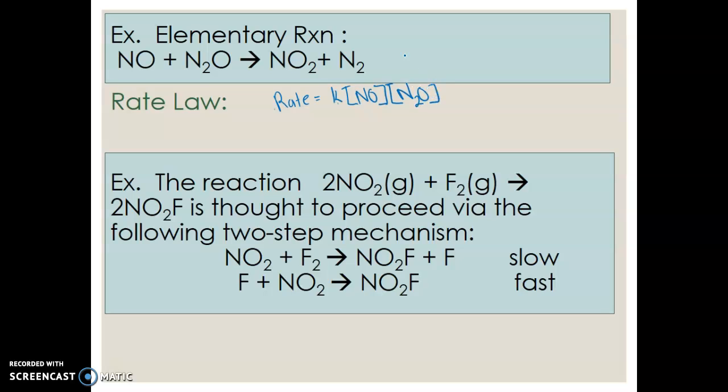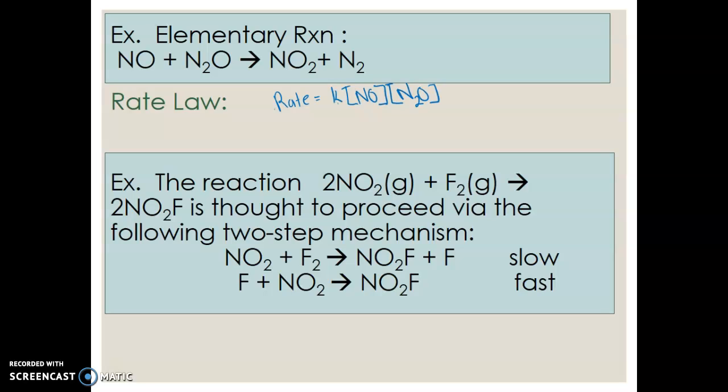Both of these have 1 for the exponent because we only have one of those in our elementary reaction. So the elementary reaction is going to be written just like we talked about rate laws in section 12.4, determining the rate laws.